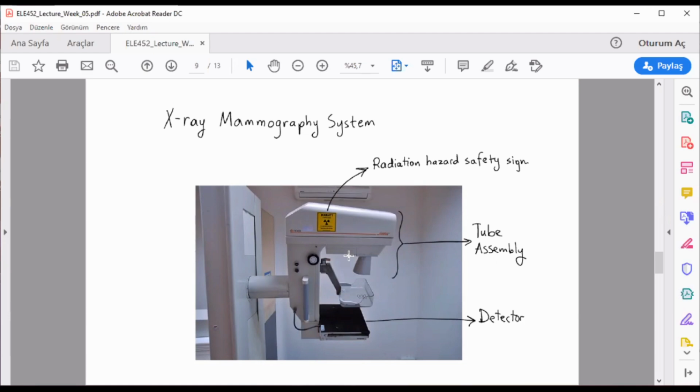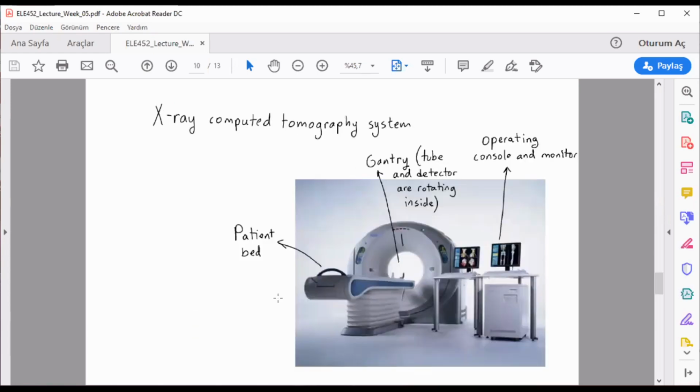This is another example of an instrument found in the clinical environment. It's a mammography system. Again, the tube and detector are in a very compact and small nature for breast tissue imaging examinations. So this is a typical tomography system that can be found in the hospitals.